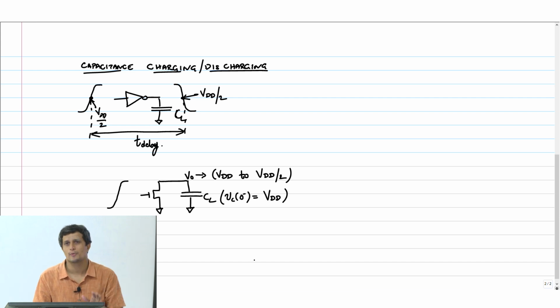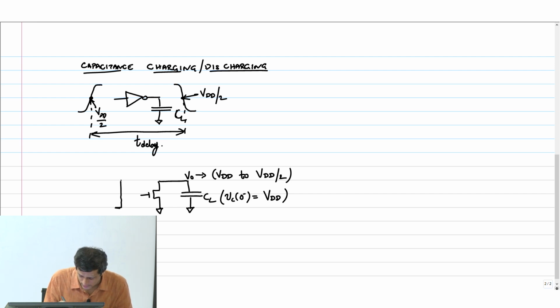So we have to make some approximations to get a first order number, and then we'll incorporate this input slew also later on. So the assumption we are going to make is the input rises instantaneously to VDD. Okay, 0 to VDD instantaneous.